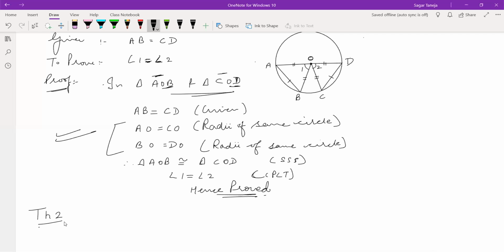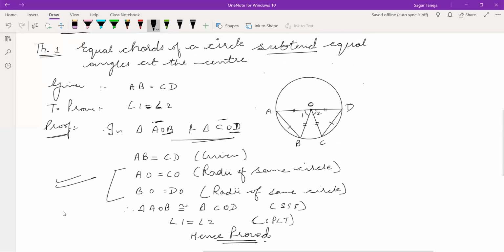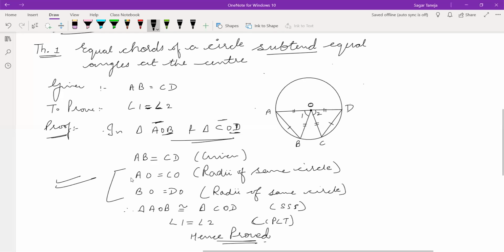If somebody has any problem related to this proving, if any confusion is there, you can ask. Otherwise, it's done. It's a simple congruency by triple S, the easiest one.